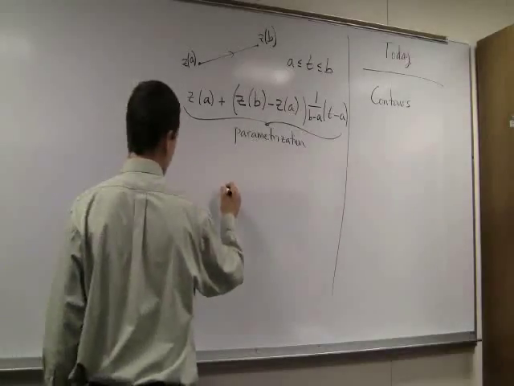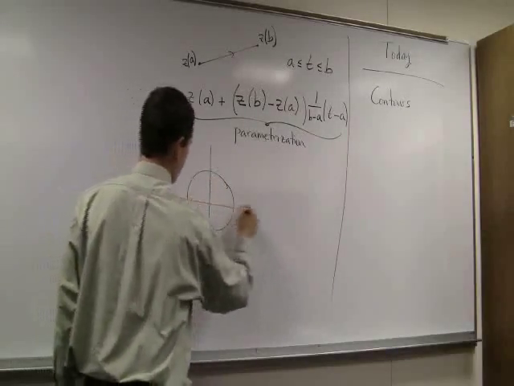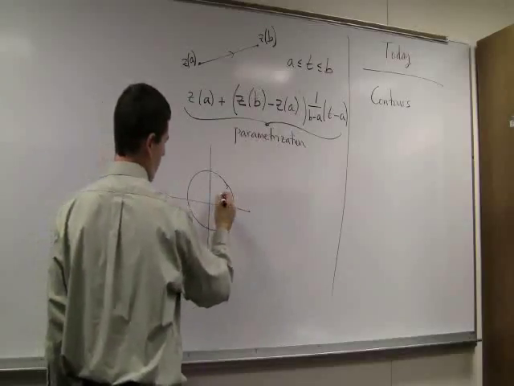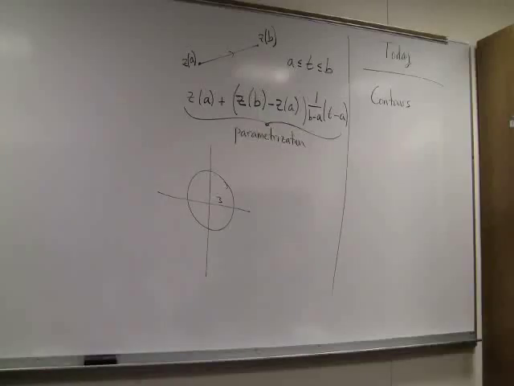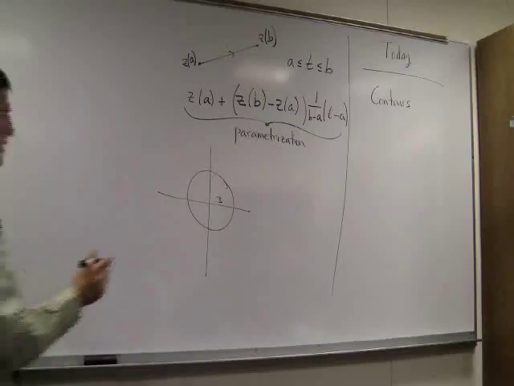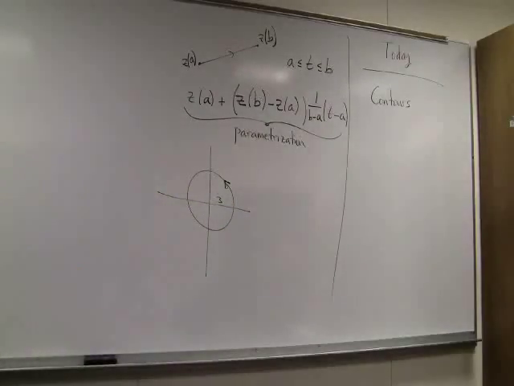We also talked about how to parameterize a circle. Yesterday we did it with radius 1, today let's do one with radius 3. Doesn't really change anything. And let's say I want to traverse it counterclockwise.